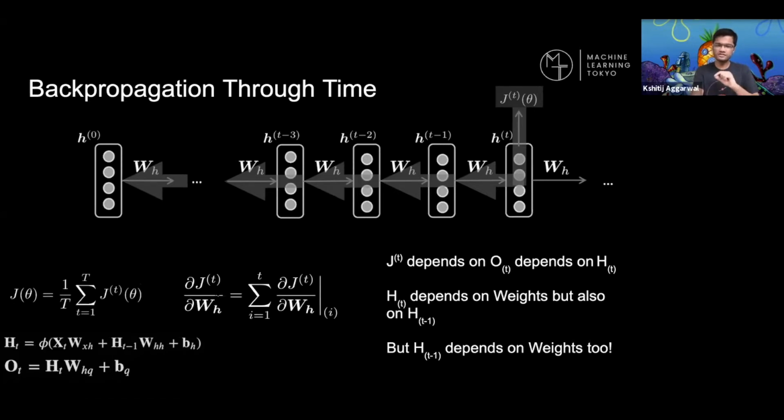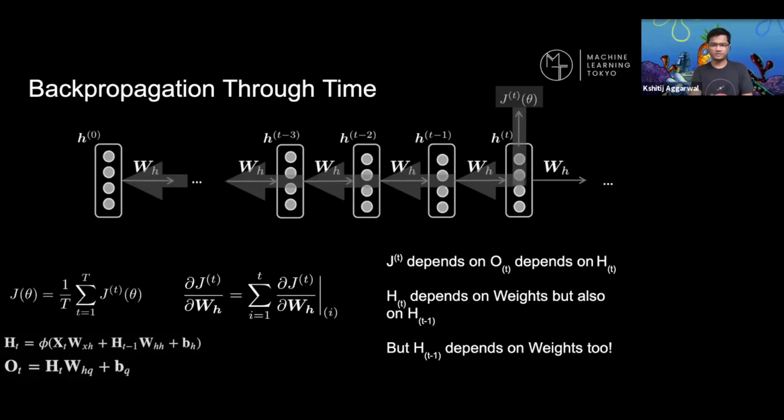But this would actually depend on the partial derivative of the loss with respect to all the weights at all the different time steps. This is because Jt depends on the output, right? Jt depends on whatever the output was, because the loss is based on the prediction minus the ground truth.